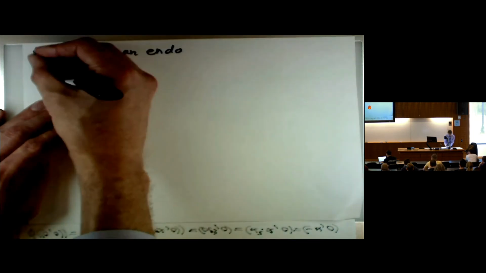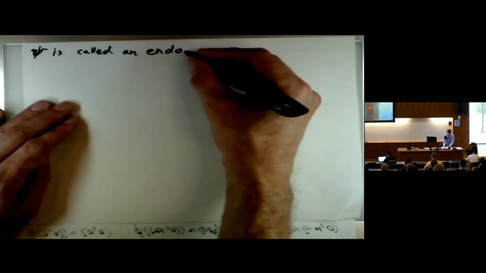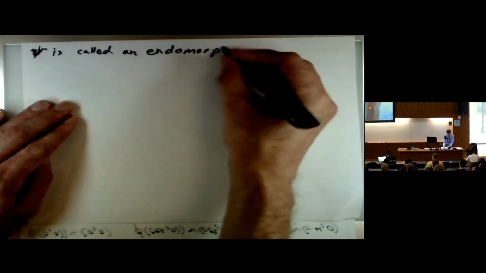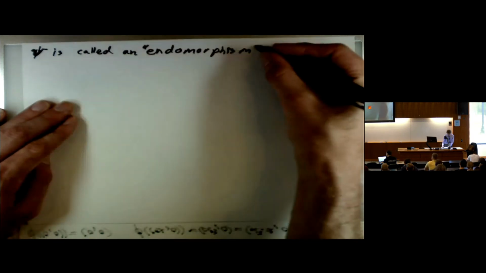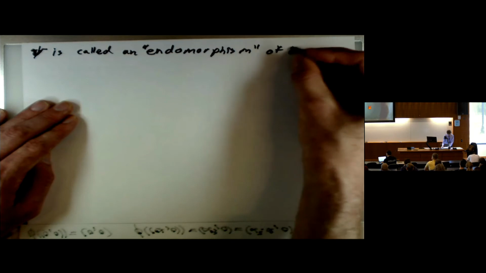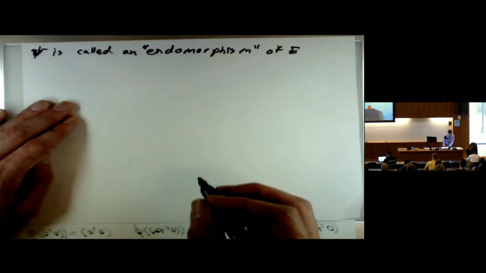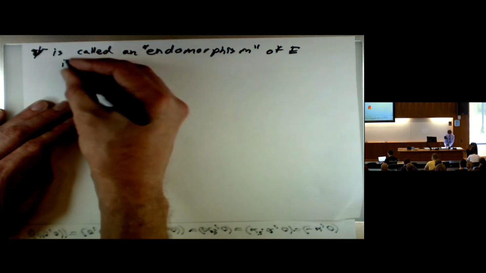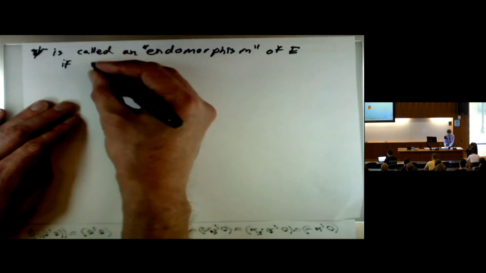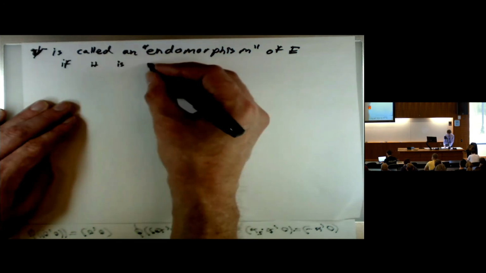Let me use psi. Psi is called an endomorphism of E if it is a homomorphism.